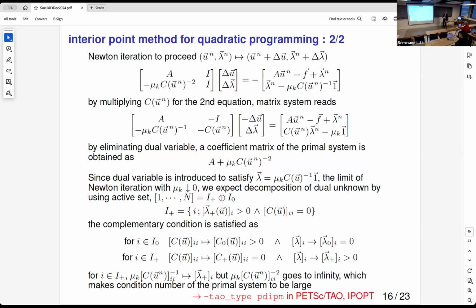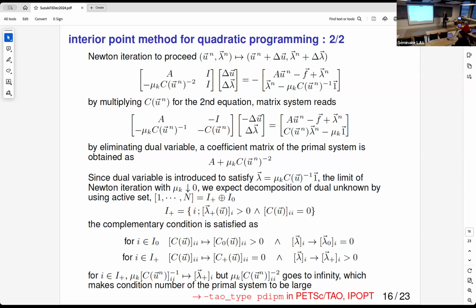Because this mu times C corresponds to the complementary constraint, and the Lagrange multiplier is obtained this way. If we have the separate C square, it's a little bit of a problem. The reason the interior point method suffers from a bad condition number comes from here.